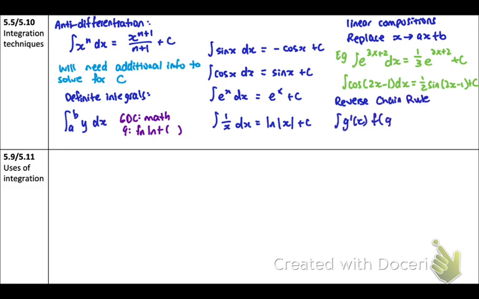There's also the reverse chain rule, which takes a little bit more practice to recognize. It is in the form g prime of x times f of g of x dx. Okay, so the integrand here is a composition where one of the factors is the derivative of the thing that is in the composition.